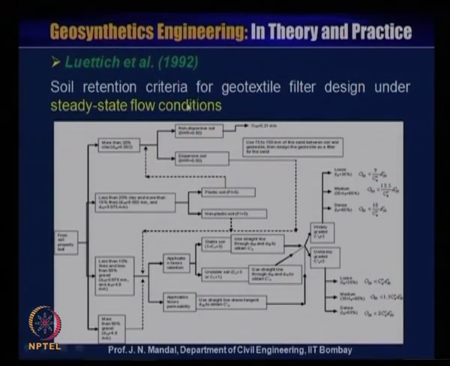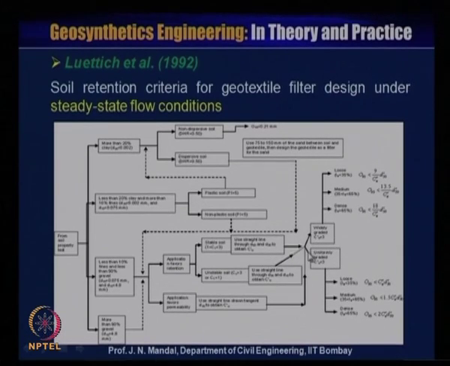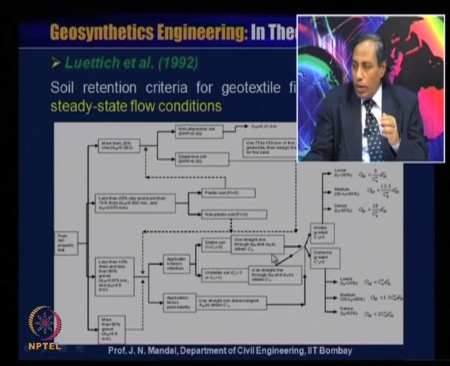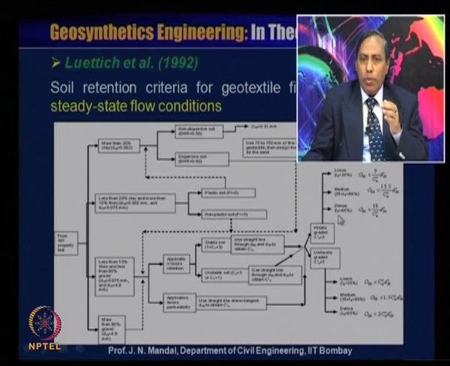This is the Giroud 1992 soil retention criteria for geotextile filter design under steady state flow condition. I am just explaining this part. It depends upon the value of Cu, whether it is well graded or less well graded.